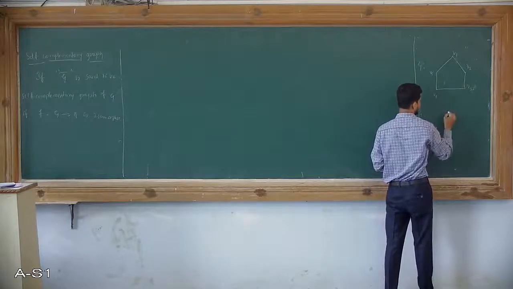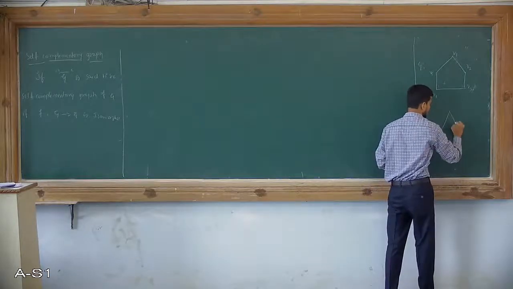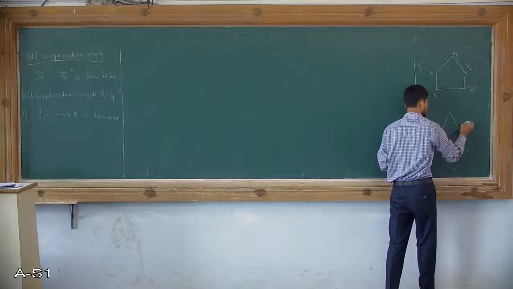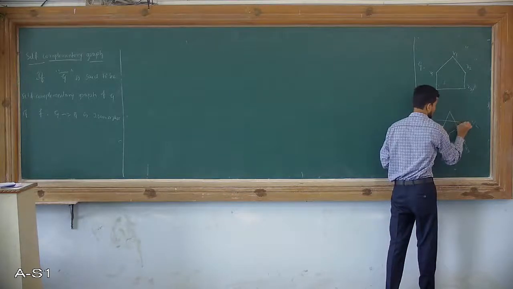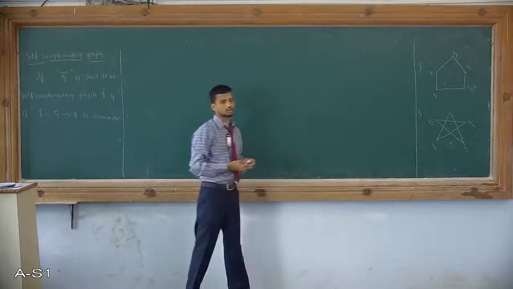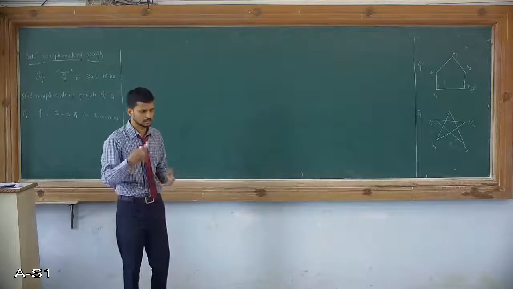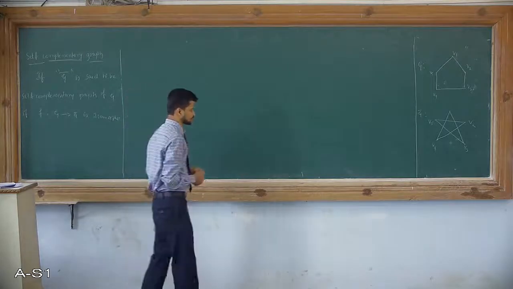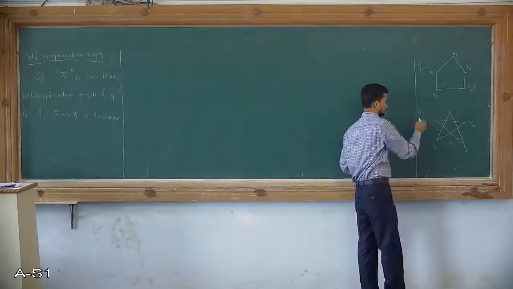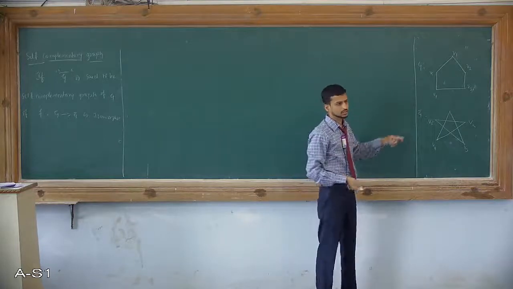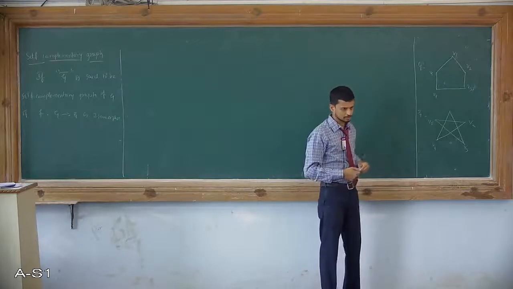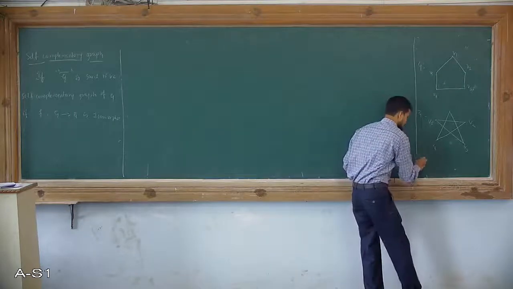So G and G bar are complementary graphs here. G bar is the complement of G, in other words G is the complement of G bar, both are the same. The first and foremost thing is whether G bar is self-complementary or not. In other words, is G self-complementary or not? Yes, both G and G bar are self-complementary here. Therefore G is self-complementary.